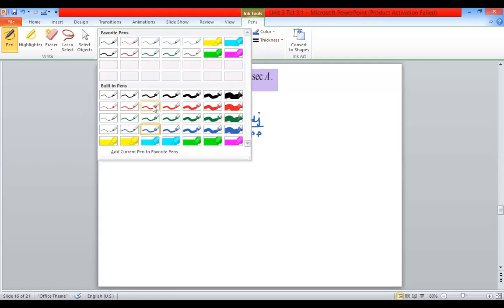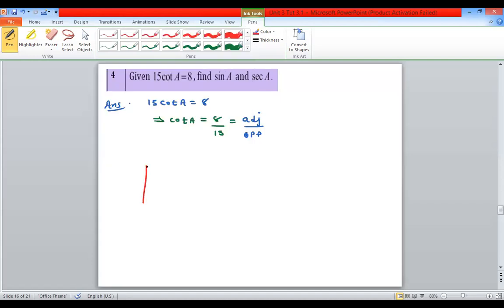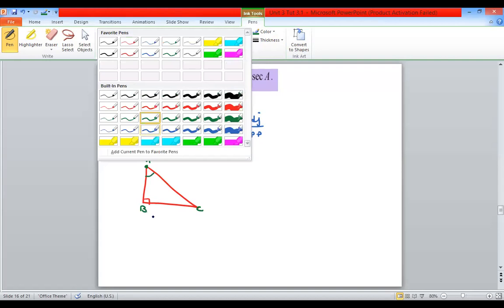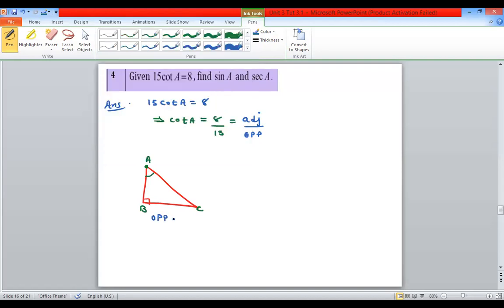Means if you have any triangle, this is your triangle, where adjacent and opposite sides are given. This is your angle A, it's B and C. This is the opposite side of A and this is the adjacent of A. Adjacent is 8 unit, opposite is 15 units.